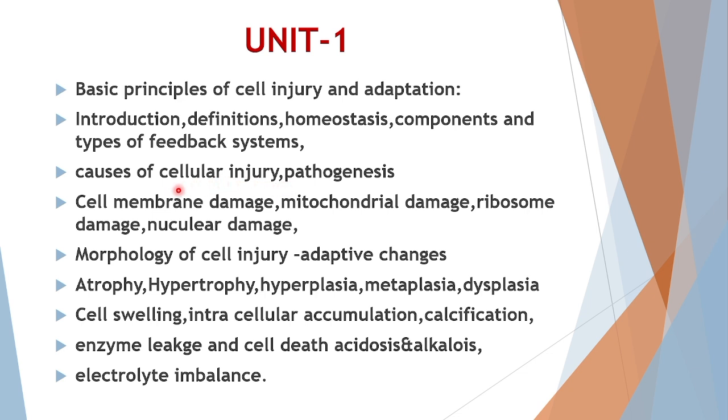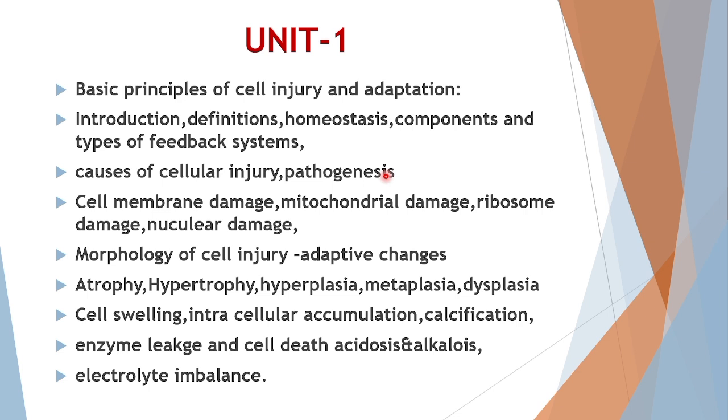So these are the causes of cell injury. And what is the pathogenesis of cell injury? The pathogenesis may depend upon the type of cell, how much the injury affects it, and what biochemical processes are followed in the pathogenesis of the cell injury.